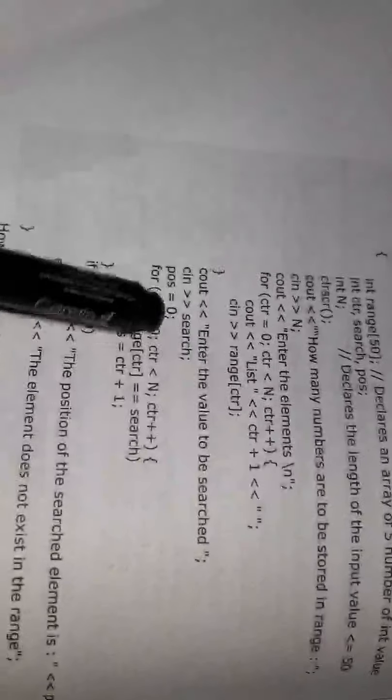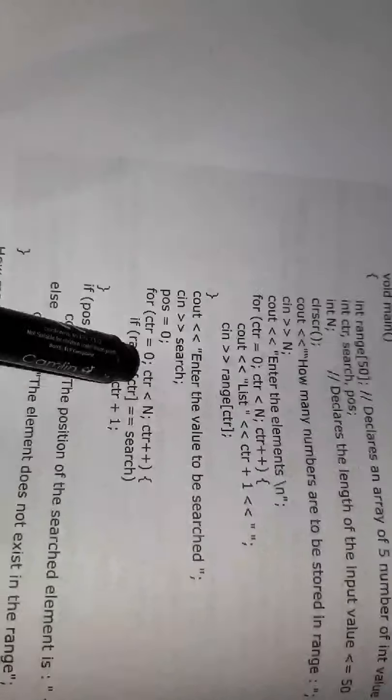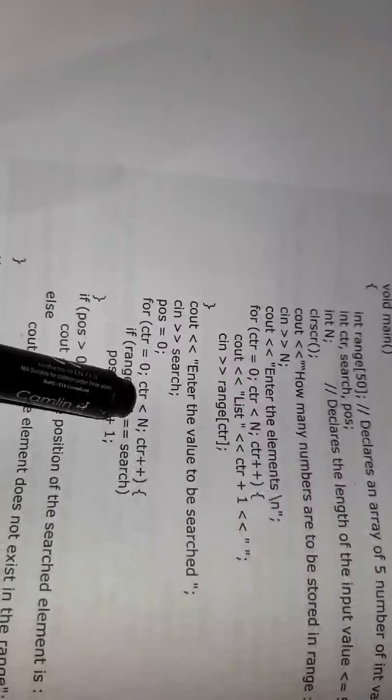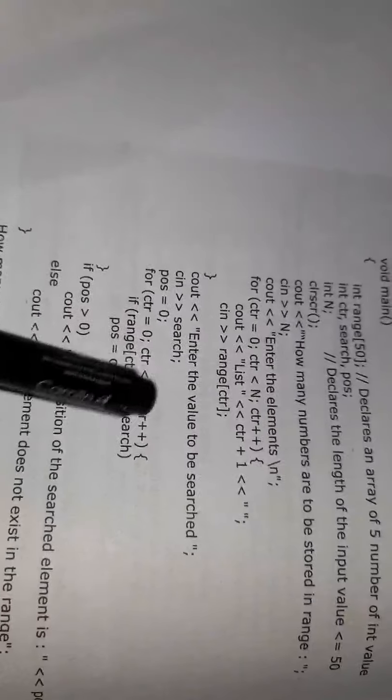Based on that, another for loop will be there. Now every value starting from range 0 will be compared with the search value. What value have you stored in range 0? Suppose 1. 1 is equals to, so you have a relational operator comparison, 1 is equals to the search value, that is 8.